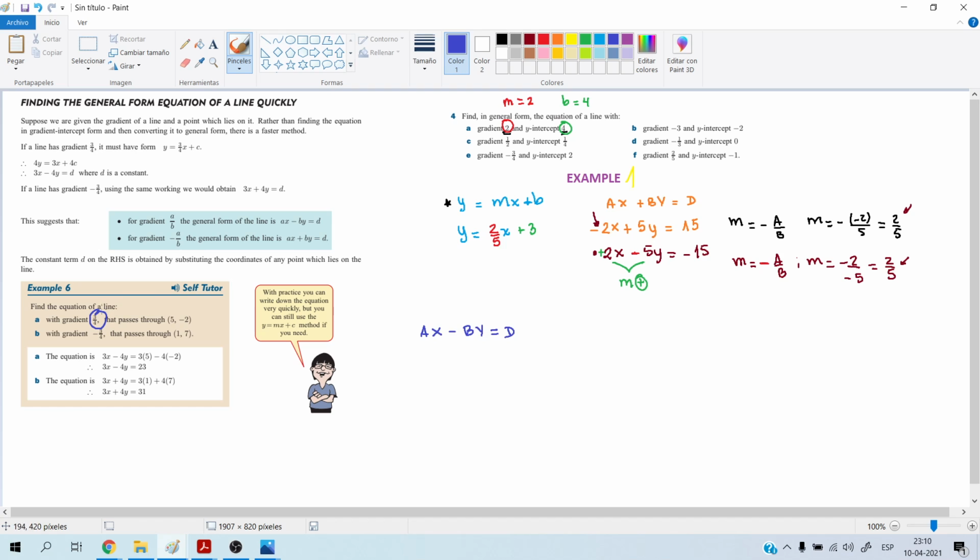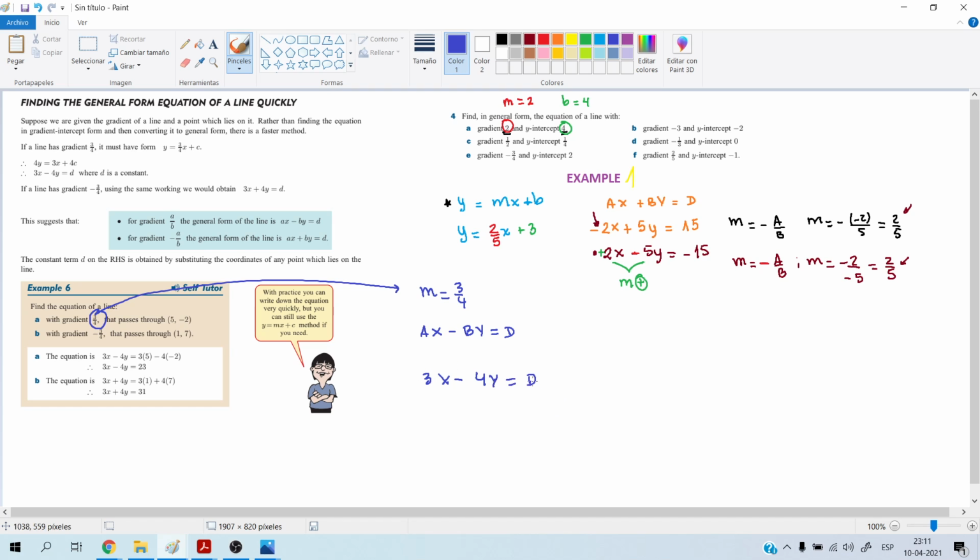If my gradient is positive, in this case the gradient is 3 over 4, it's positive, so I have different signs, okay? Now, what should I do here? It's always a over b. So 3x minus 4y equals d.